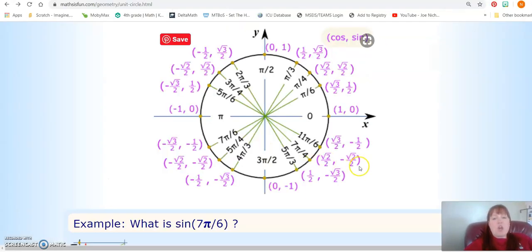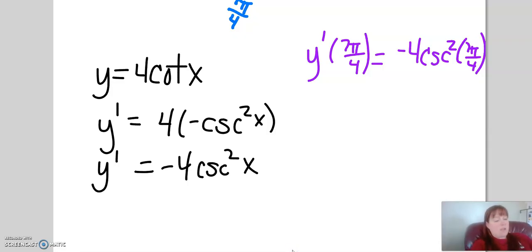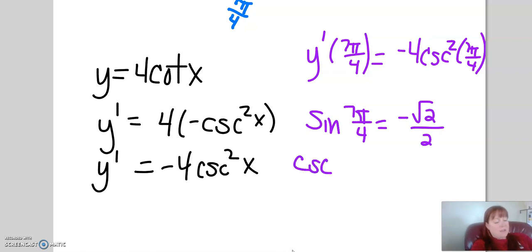Cosecant is the reciprocal of the sine function, so we take the sine and flip it over. Since sine of 7 pi over 4 equals negative root 2 over 2, cosecant of 7 pi over 4 equals negative 2 over root 2.